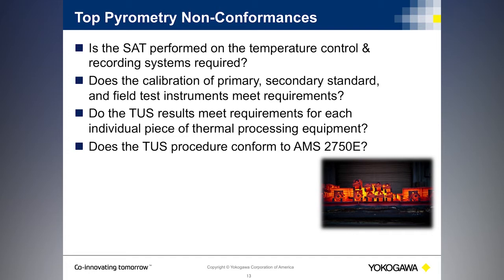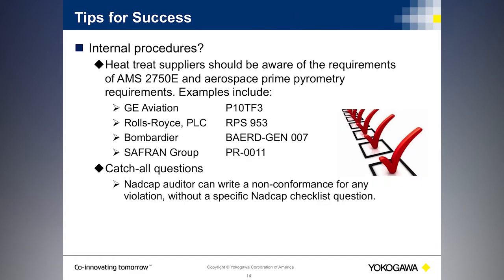Does calibration of primary, secondary, standard, and field test instruments meet the requirements of 2750? Do TUS results meet the requirements of all applicable specifications for each individual piece of thermal equipment? And does the TUS procedure conform to the requirements of AMS 2750? I'm going to touch upon each one of these real quick and maybe give you some hints to succeed on these non-conformances.